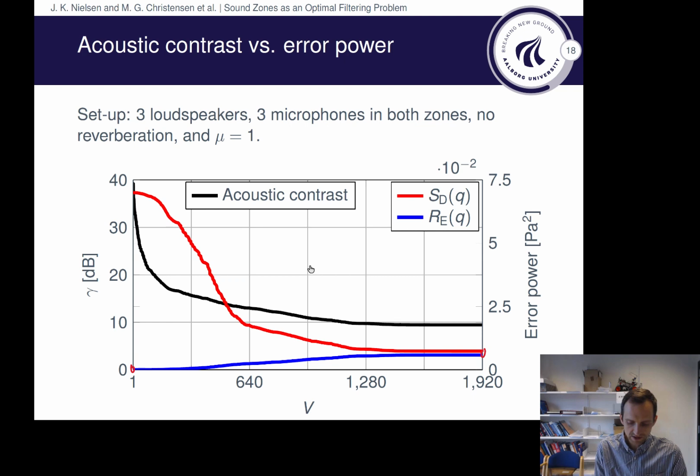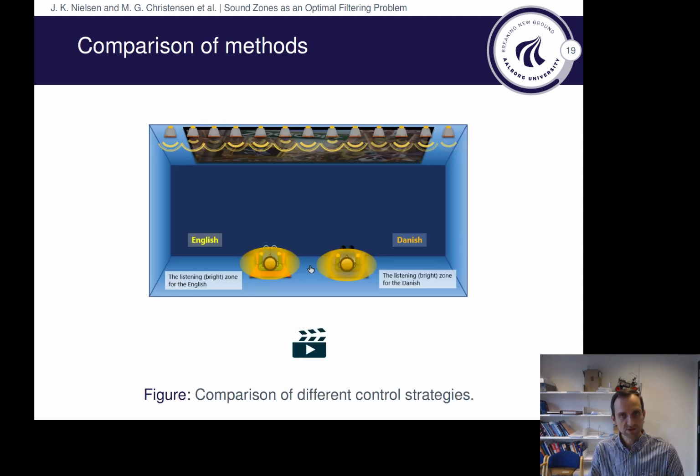But by using this VAST framework, we can select a solution here or whatever. So we can really trade off now the noise suppression for the signal distortion, or the acoustic contrast for the signal distortion.